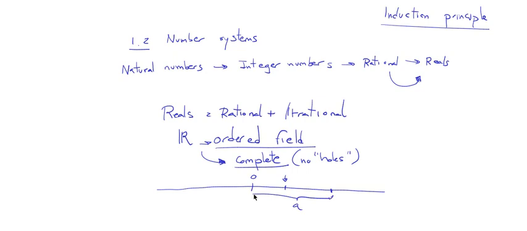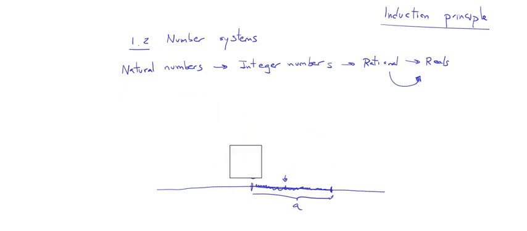So there are no holes in this line, and every magnitude that you can think of can be represented by a real number. That's why we think of the real line, because every point in the line is represented by one real number.